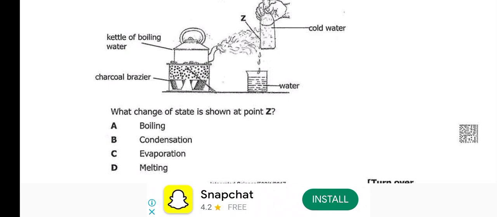So what change of state is shown at point Z? Mind you, this is vapor which is coming from the kettle, and this is water which is coming from the bottle of the cold water.